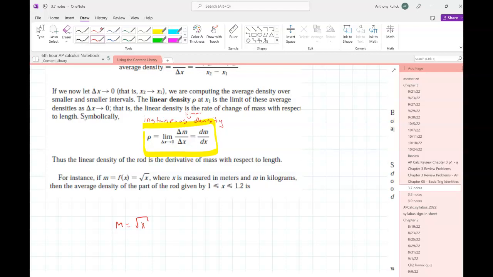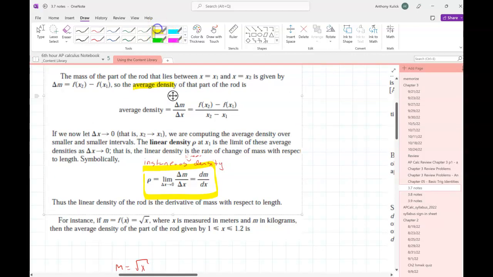that's measured in meters and m is measured in kilograms, then the average density of the part of the rod given by 1 to 2 is... how do we do the average linear density? It's the slope.